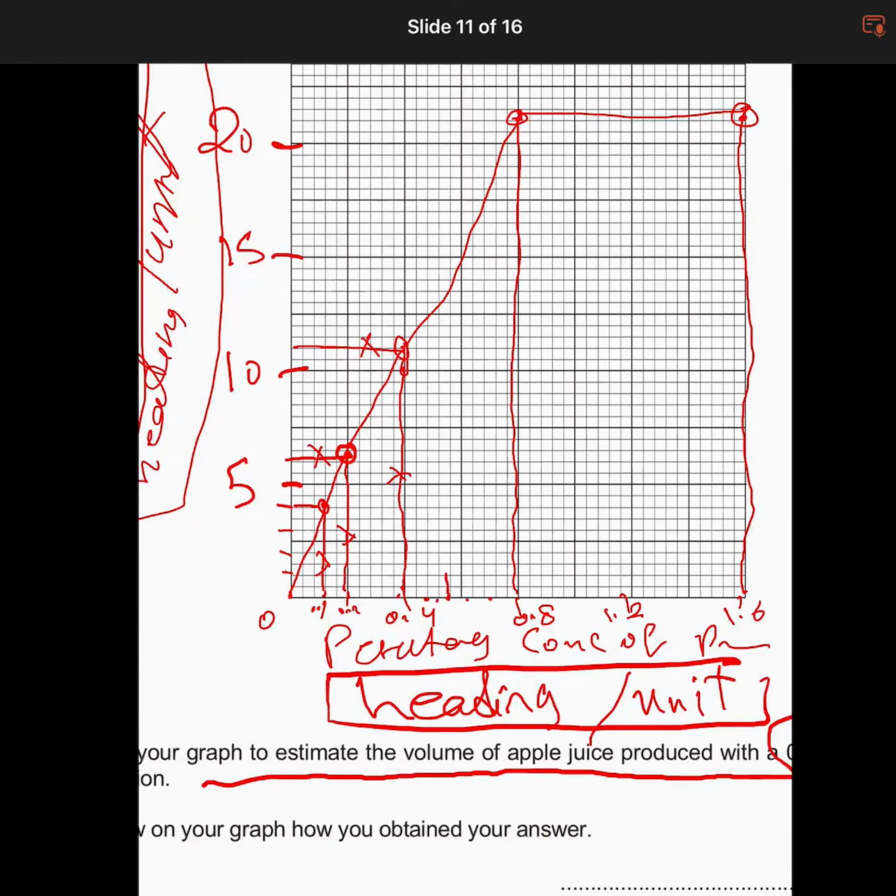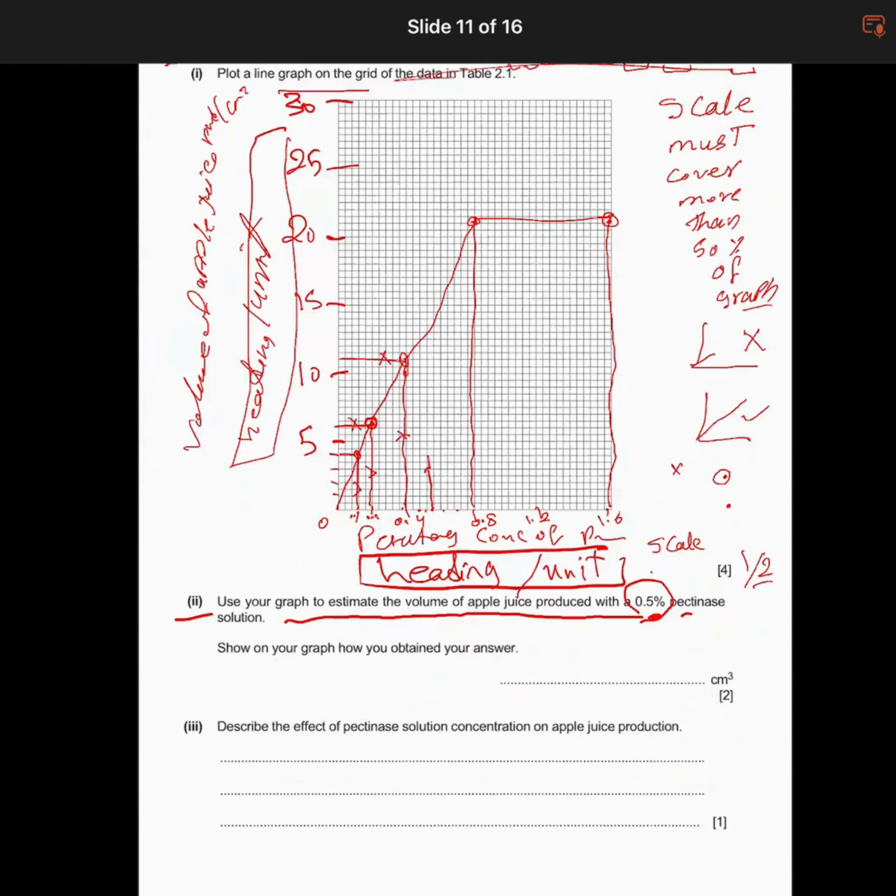So 0.5 is nearly in this point. How do you do this? You go up, up, up, up, up until you reach the graph or the graphing point. Then you go left, you will get the percentage from here. Of course, when you are doing it with the paper, it will be very accurate.